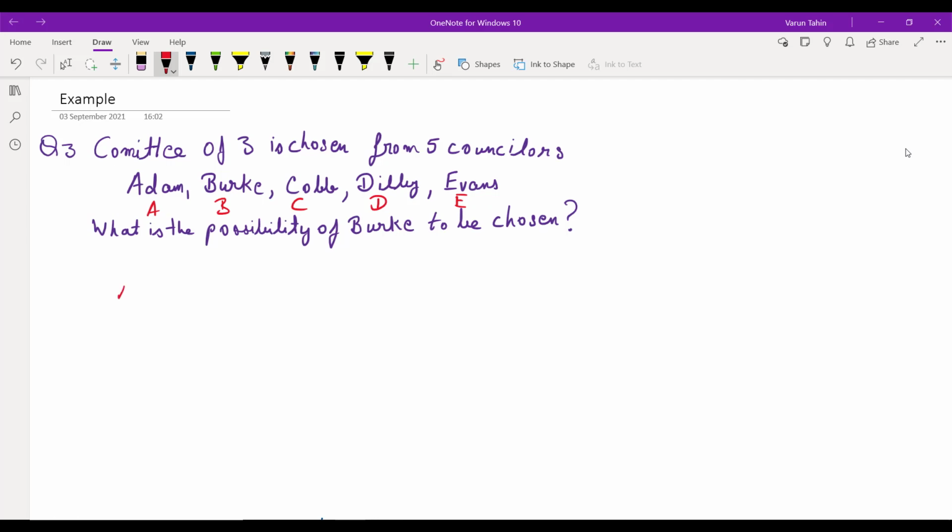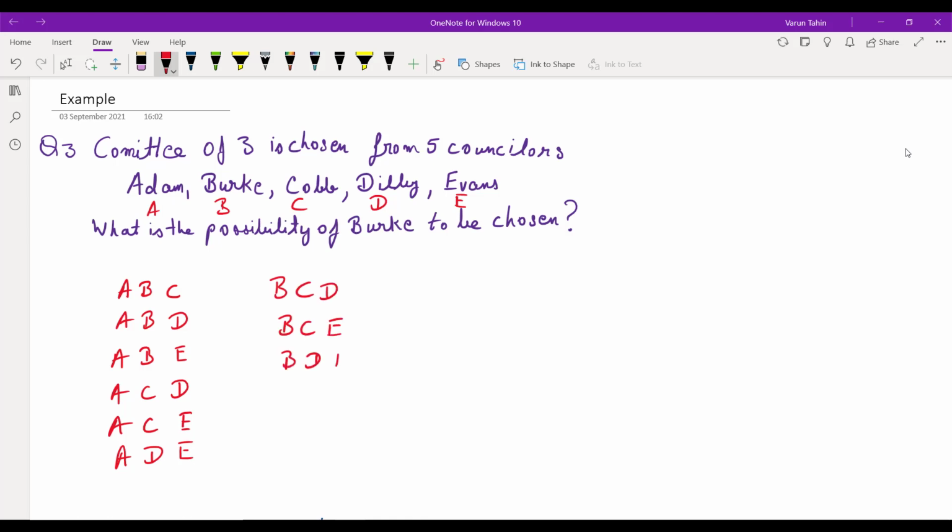Okay, so one possibility can be A, B, C, then A, B, D. Okay, so among these we can see that this and this combination has Burke in it. Okay, so among 1, 2, 3, 4, 5, 6, 7, 8, 9 and 10, 6 have Burke in it. Okay, so this becomes 3 by 5 as the probability.